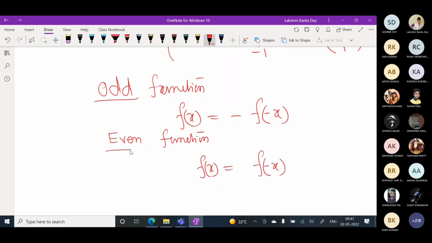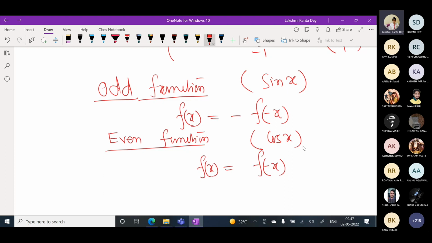So, is the sine function an even function or an odd function? Odd function. Sine function is an odd function, one standard example. There are many examples. And the cosine function is symmetric about the origin, so cosine is an even function.